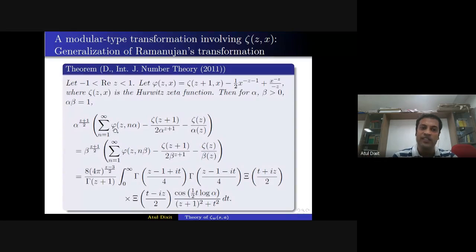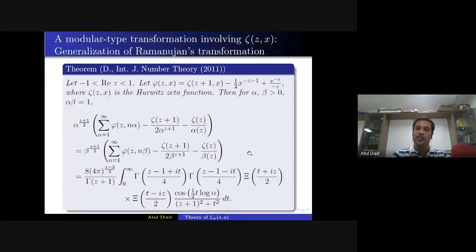So now here this phi function is defined here. Phi of z comma x is constructed by means of this Hurwitz zeta function. So you have zeta of z plus 1 comma x. And again, if you look at its asymptotic expansion as x tends to infinity, then you subtract from it the first two terms in that asymptotic expansion, and thereby you get something which is big O of 1 by x squared, of course the implied constant depending on z, and you can construct a series of it.